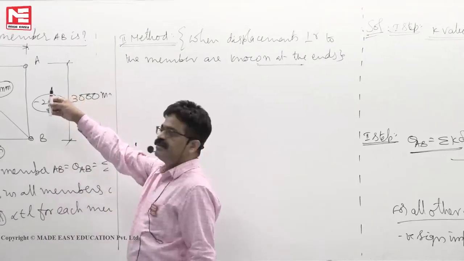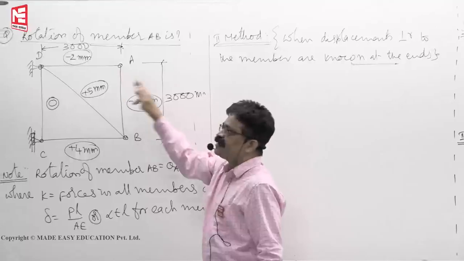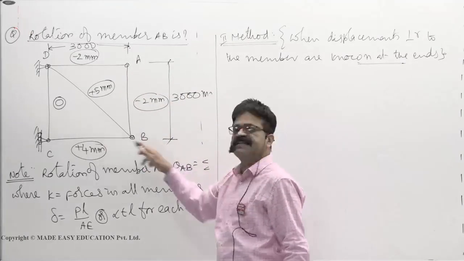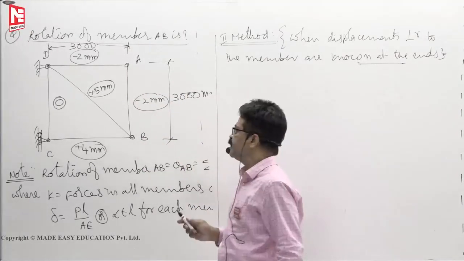AB member is vertical, but if I know how much A goes inside or outside, or B goes inside or outside, then I can manage.